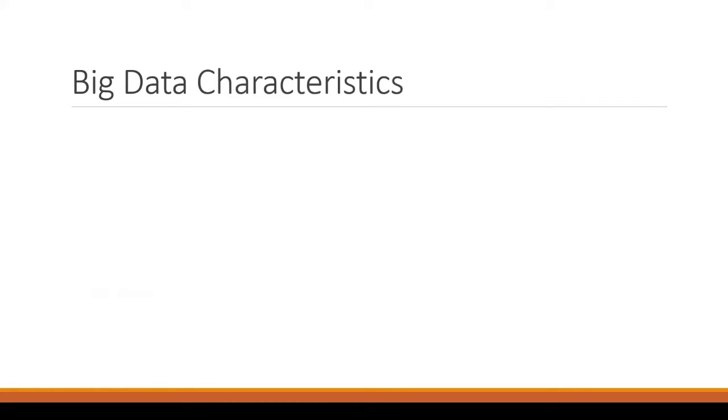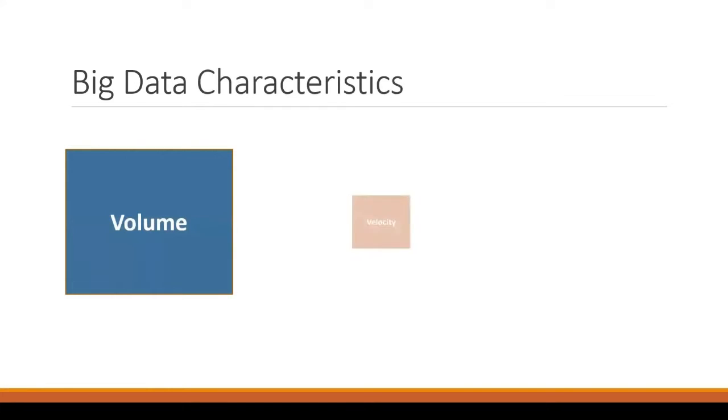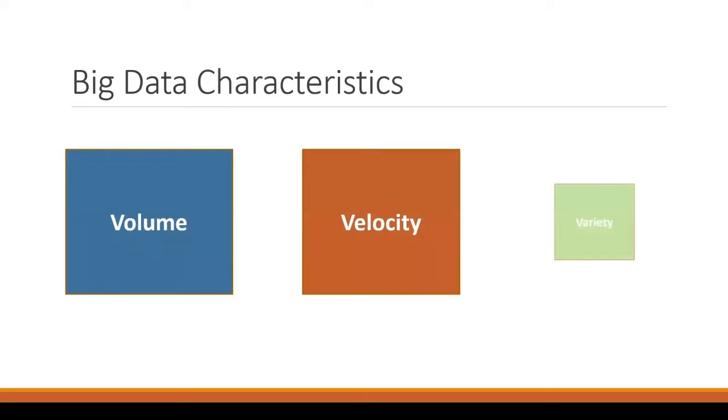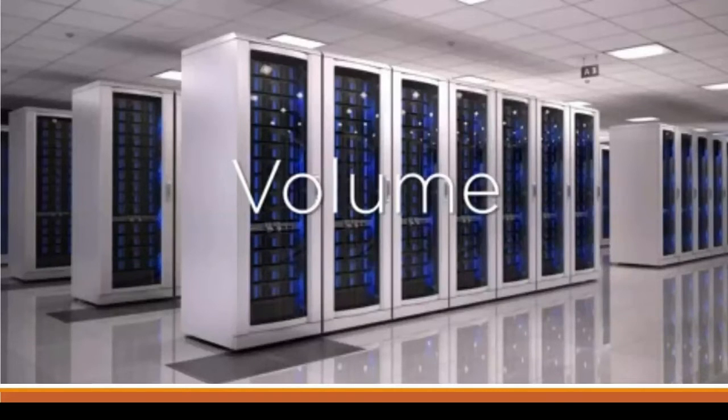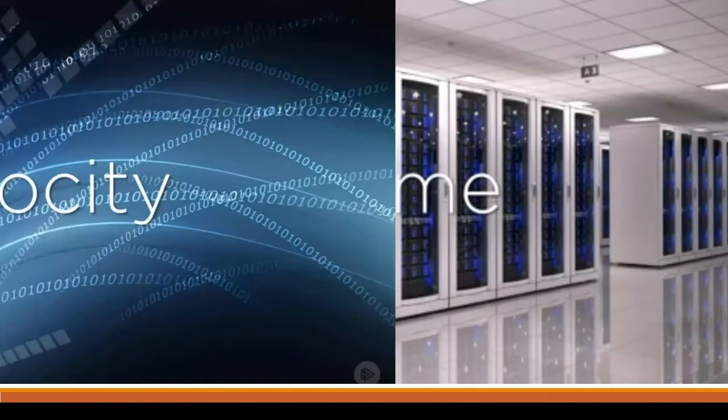Big data is defined by 3 V's: volume, velocity, and variety. Volume refers to the amount of data that is necessary to analyze and process. Its size varies from hundreds of terabytes or more. Then velocity.